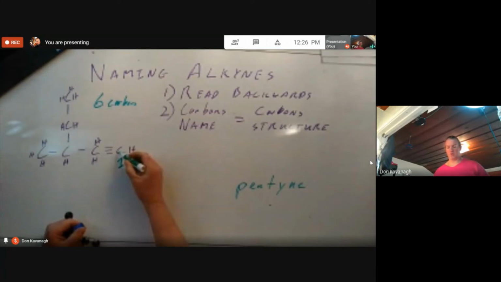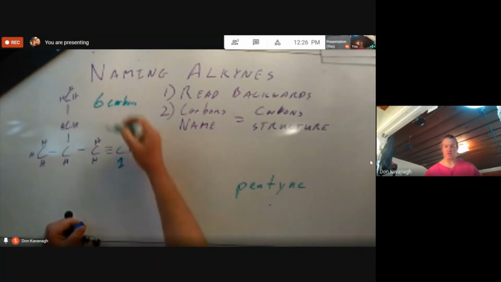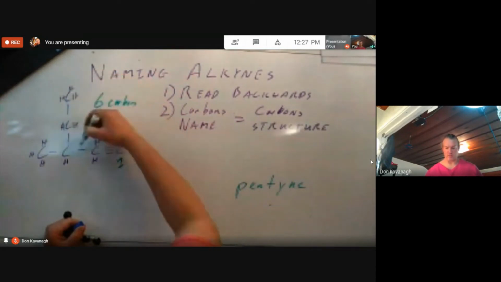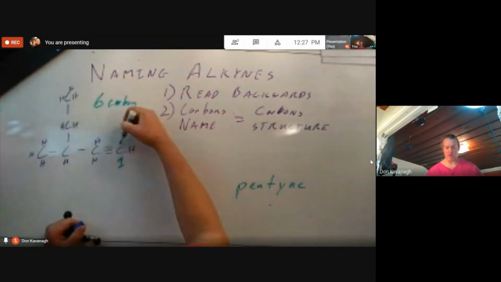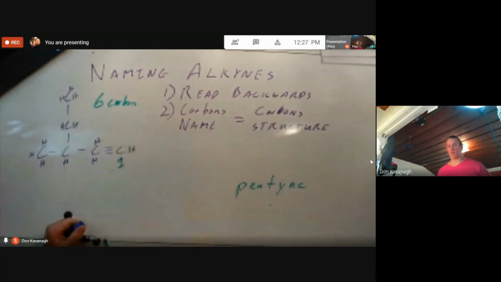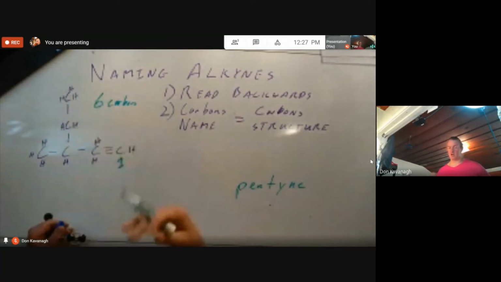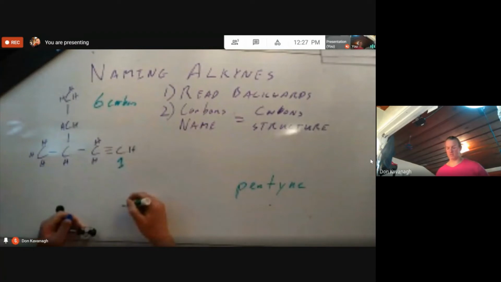By calling this 1 and counting across the triple bond, we're telling the reader that where we start is where the triple bond is. If you started here and said 1, 2, 3, 4, 5, you get a locant of a number 4. You're just making it more complicated. You want the lowest numbers possible. So count from both sides to determine which one gives you the lowest numbers.